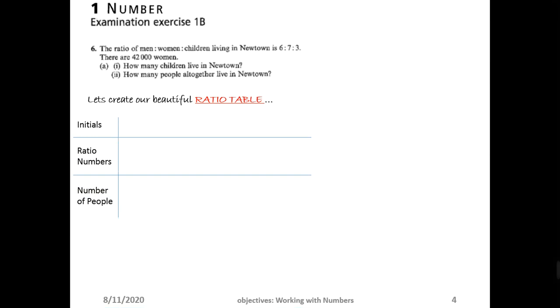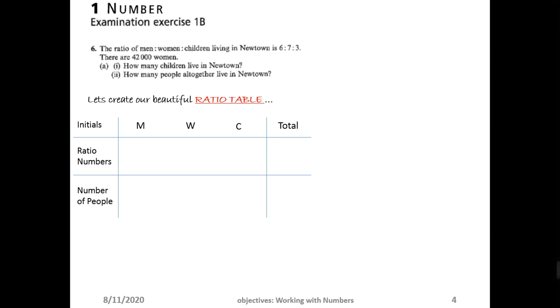So that's our first column that is composed of initial, ratio numbers, number of people. Now, in the initials, as it is written in the question, M for men, W for women, C for children. And then at last, I want you to put the total, and I will explain what that represents.